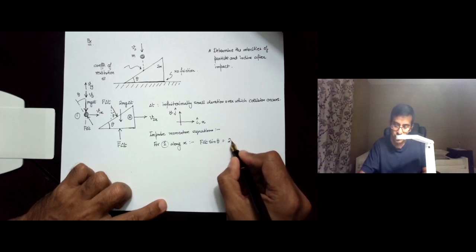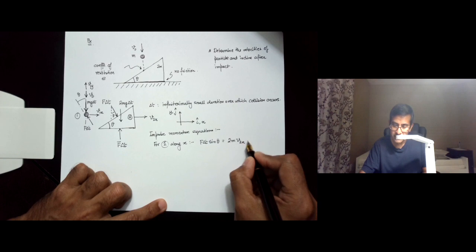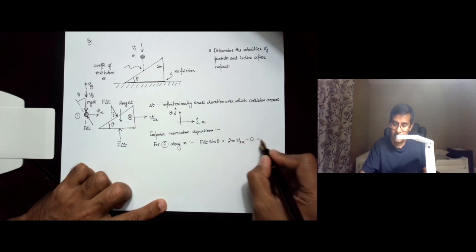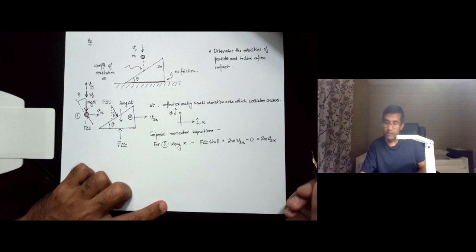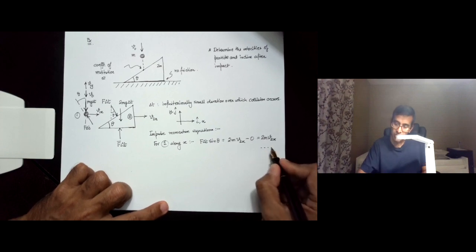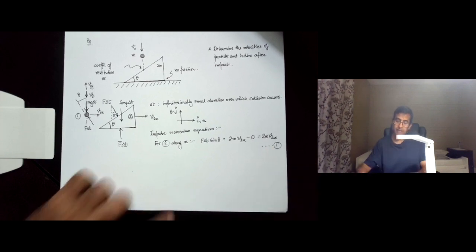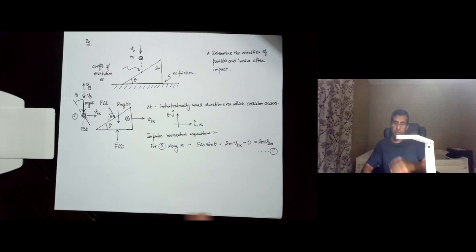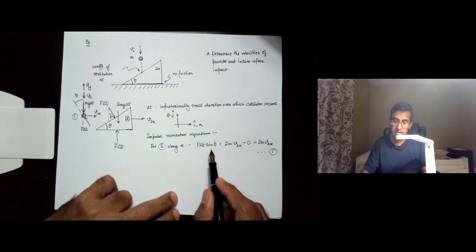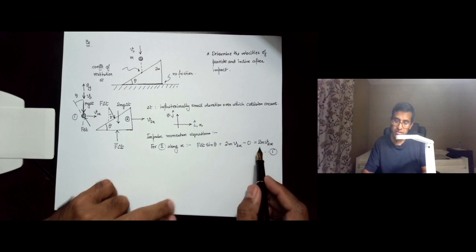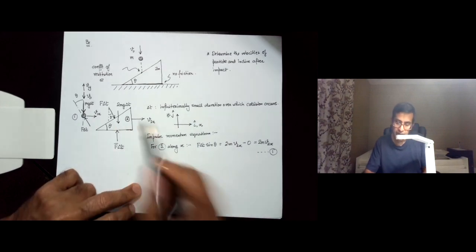So that is 2m v2x minus 0 is equal to 2m v2x, right? So let's say this is our first equation. It says that the net impulse in the x direction equals the change in momentum for the incline in the x direction.